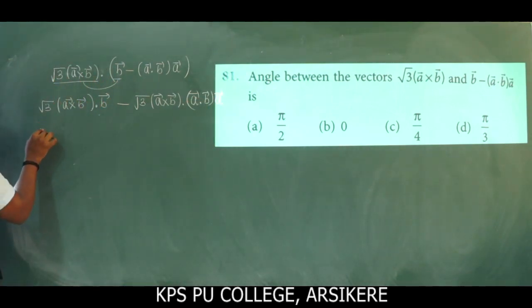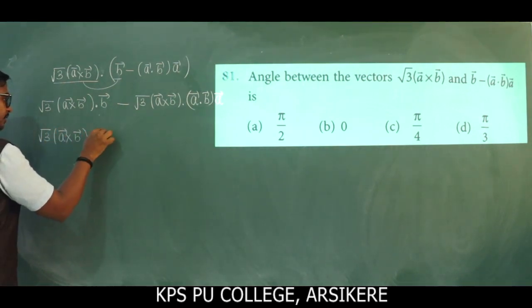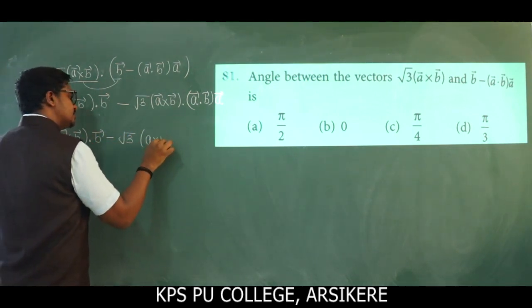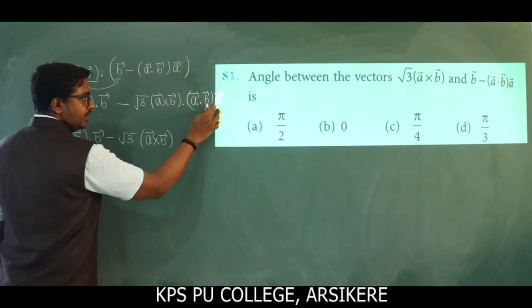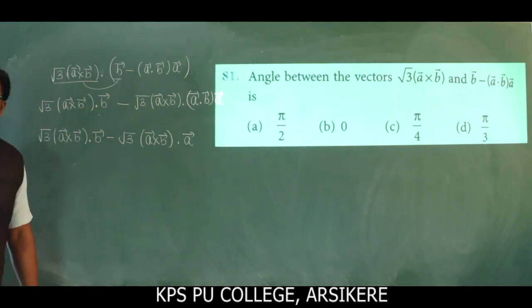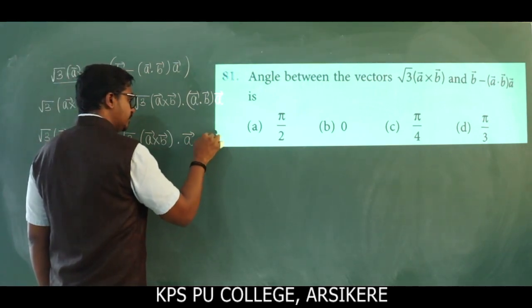Just observe: this is root 3 into a cross b dot b, minus root 3 into a cross b dot a, and the remaining term as it is, a dot b.